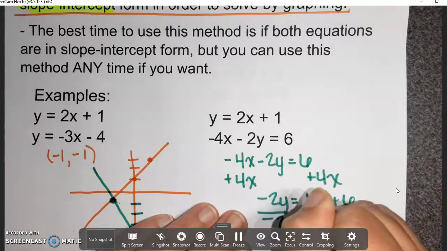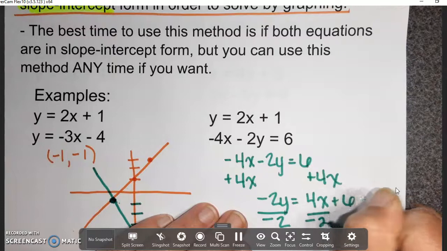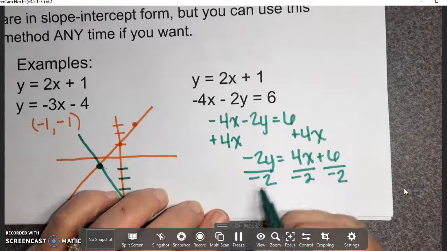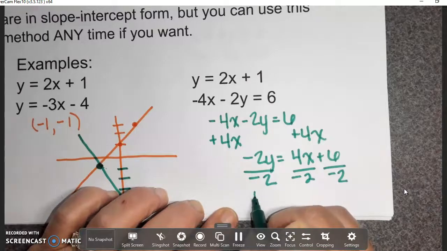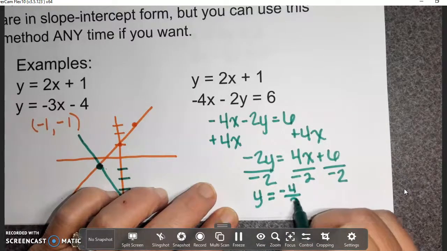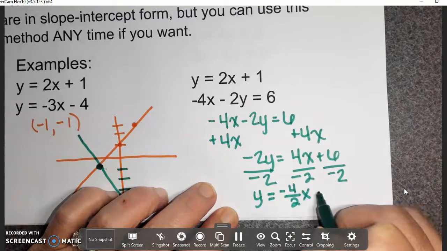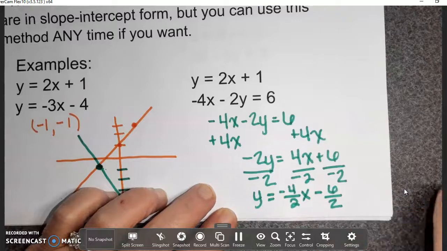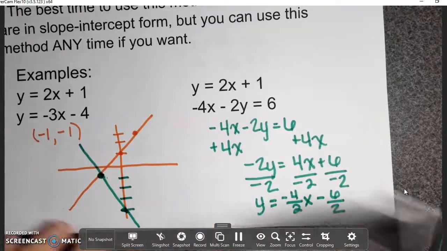And I'm going to divide by negative 2 all the way through. Now, here's the thing. I don't want you to reduce this. So you have y is equal to negative 4 over 2x minus 6 over 2. Notice we did not reduce any of this.